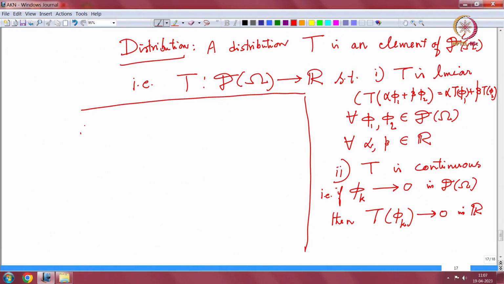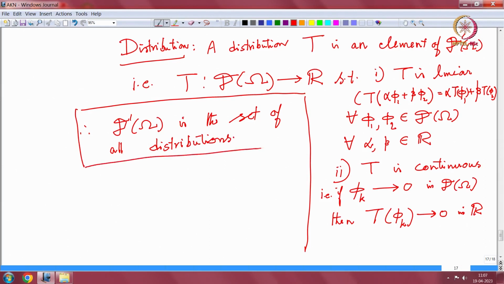So, therefore, D prime of omega is the set of all distributions. Now, I am going to give you a lot of examples. So, okay. So, that is what the definition. D prime of omega is the set of all distributions.